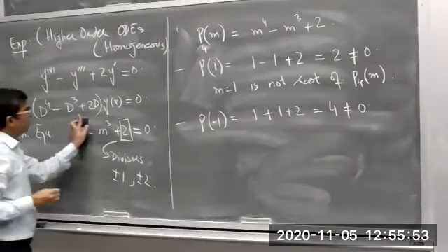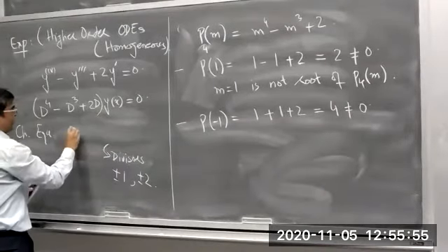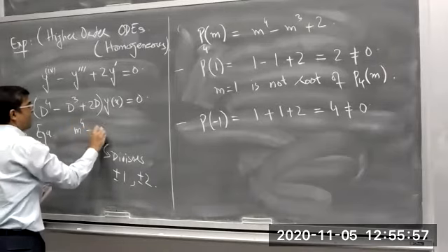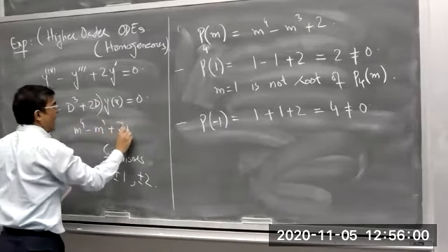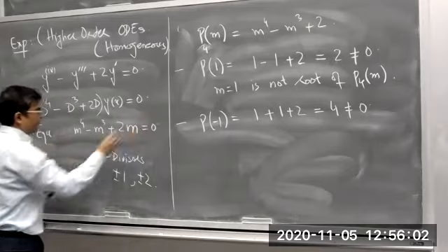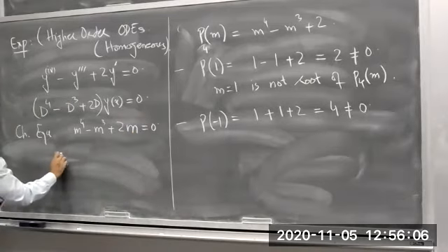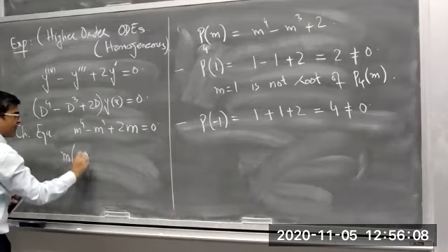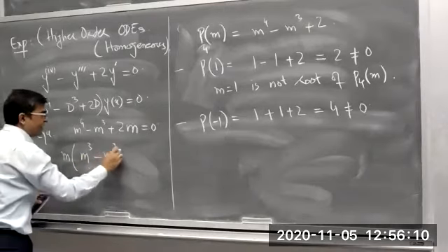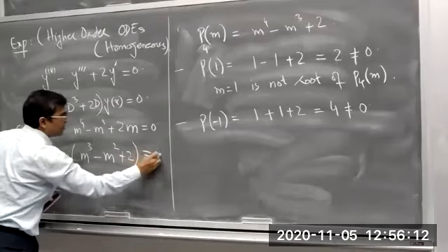In that case, the auxiliary equation is m4 minus m cube plus 2m. From this equation, we can write m times (m cube minus m square plus 2) equal to 0.